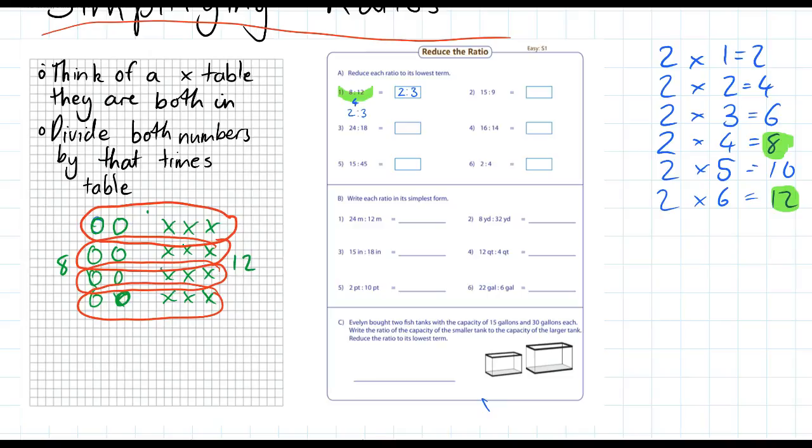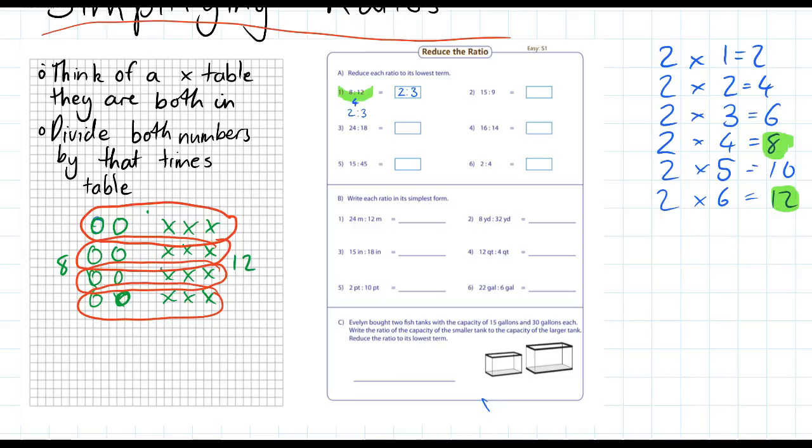So 8 to 12 is the same as 2 to 3, even though the numbers look bigger, because the second one is 4 times bigger than the first.